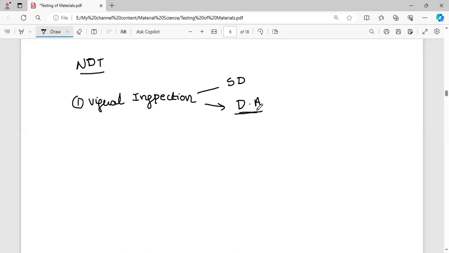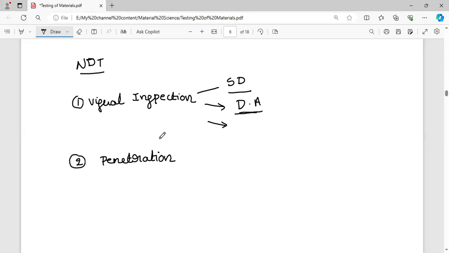Dimensional accuracy and surface defects can be observed by visual inspection, and penetration in welded joints can also be observed by visual inspection. NDT, non-destructive tests, can be used to identify the different defects in the material. Next, another one is the penetration test.